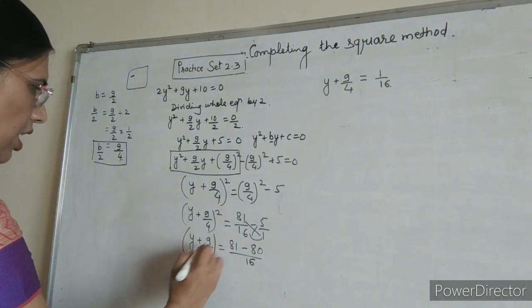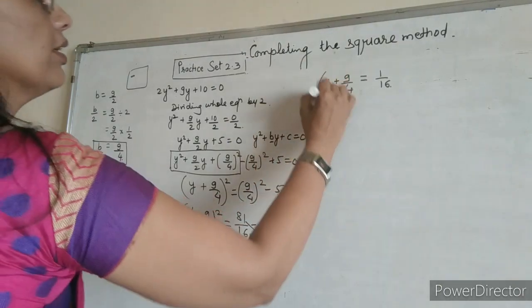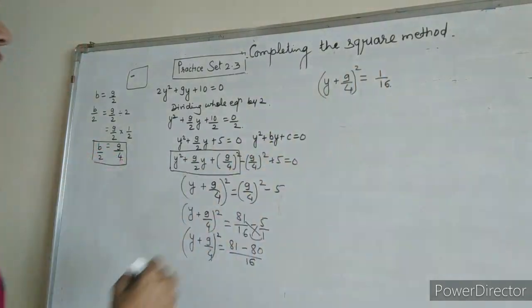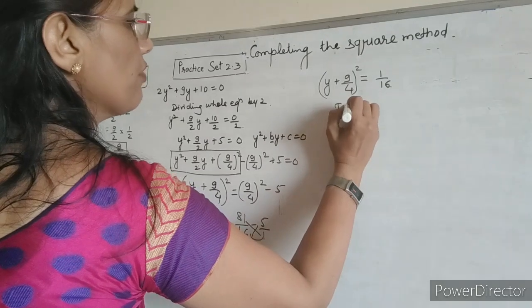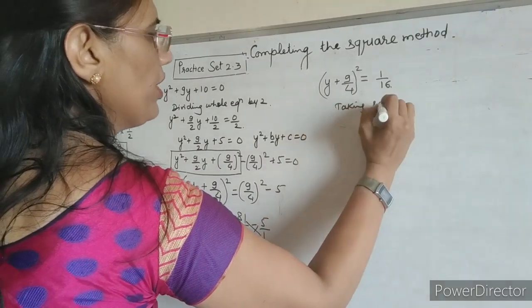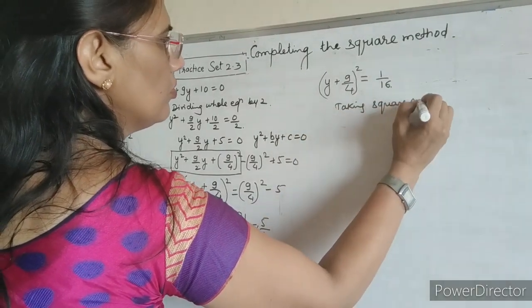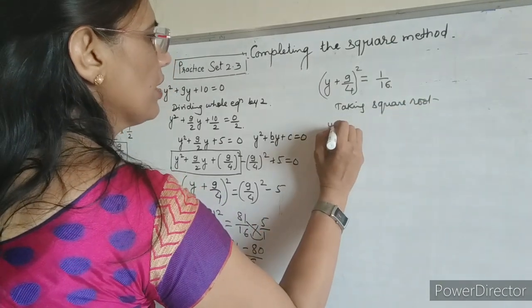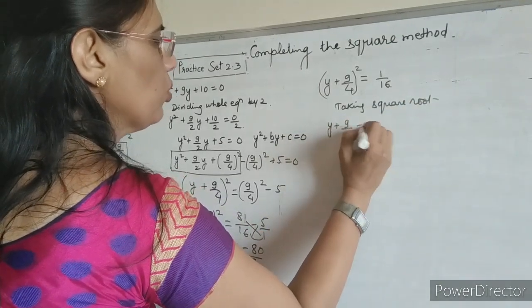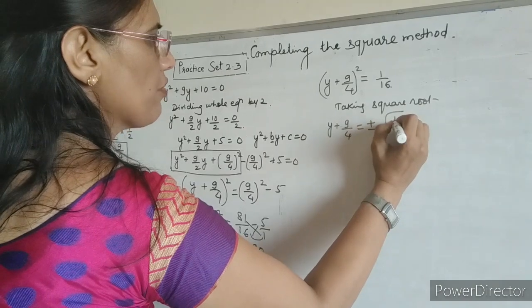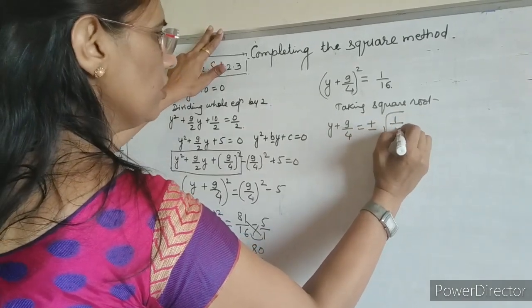Sorry, here I forgot to write square, here also, right? Then taking square root, we get y plus 9 upon 4 is equal to, again plus minus, square root of 1 upon 16.